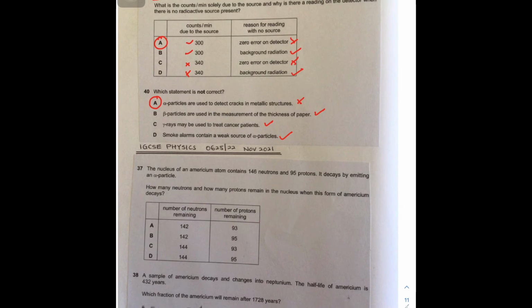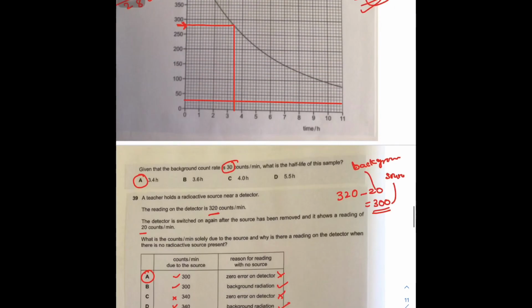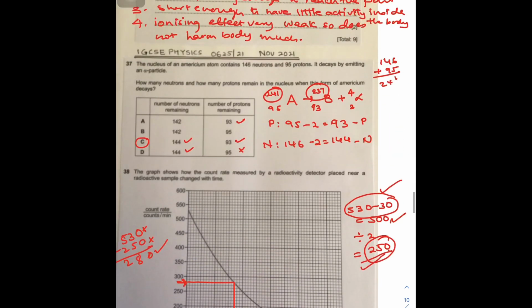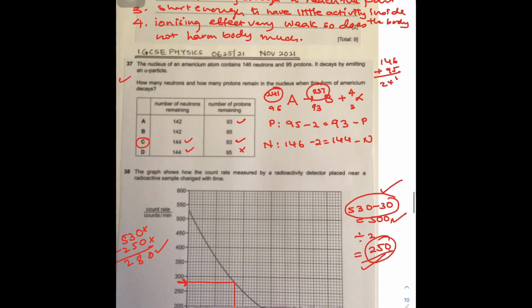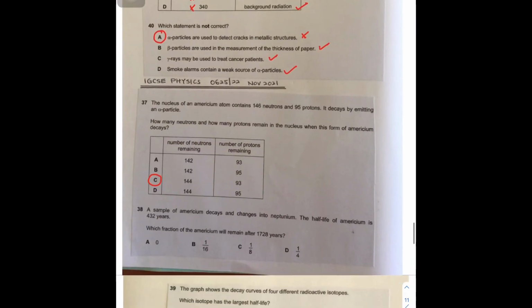IGCSE Physics 0625, paper 22, November 2021. The nucleus of an americium atom contains 146. This we have done just now. Number 38, and the answer was C. We have done this. Here is the question.